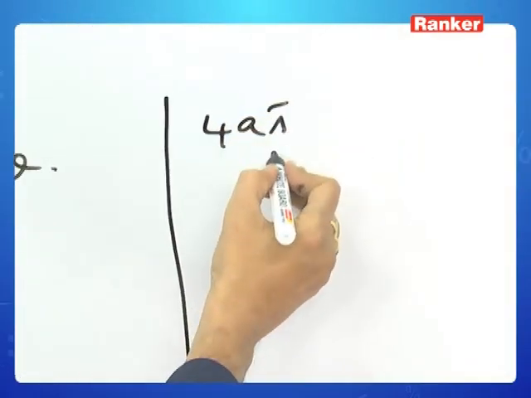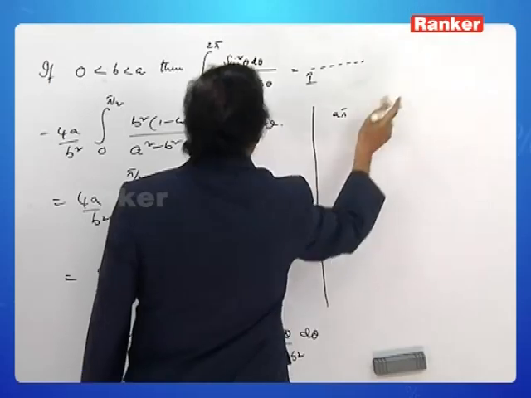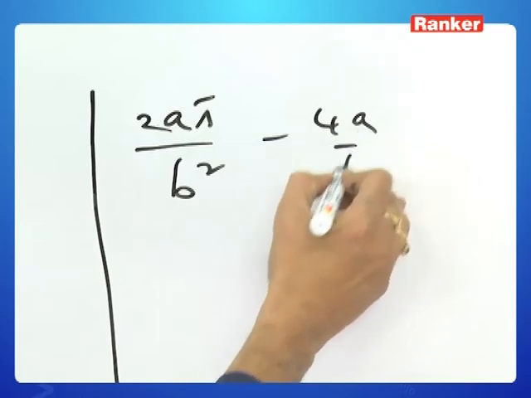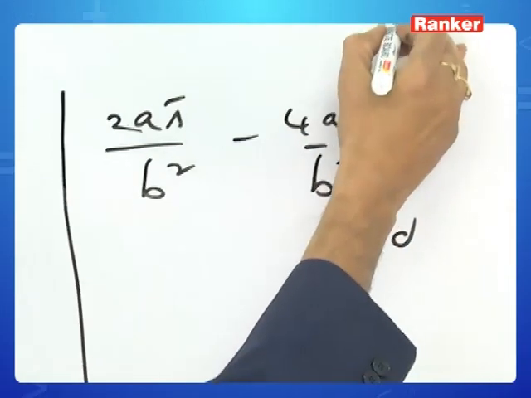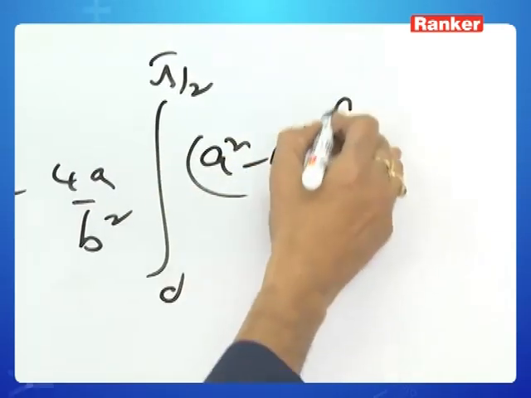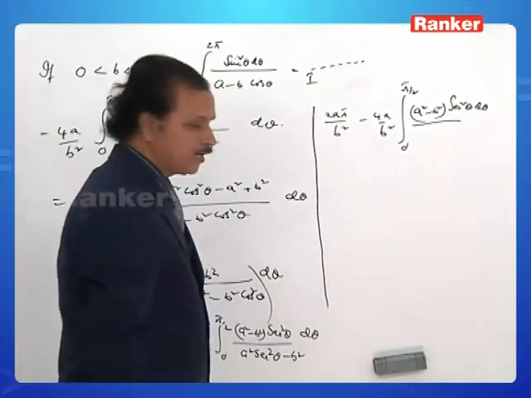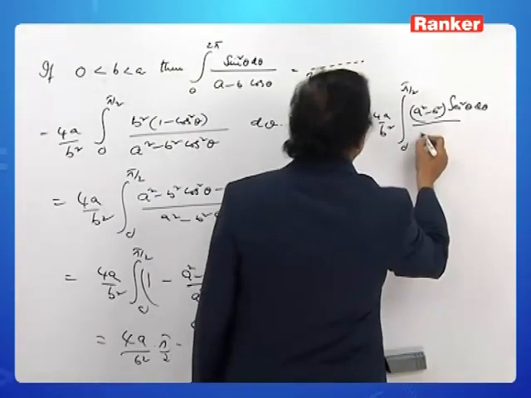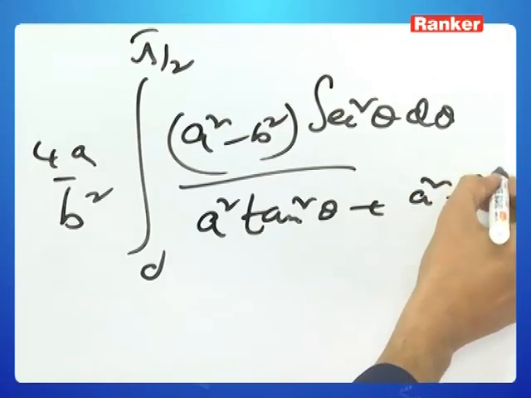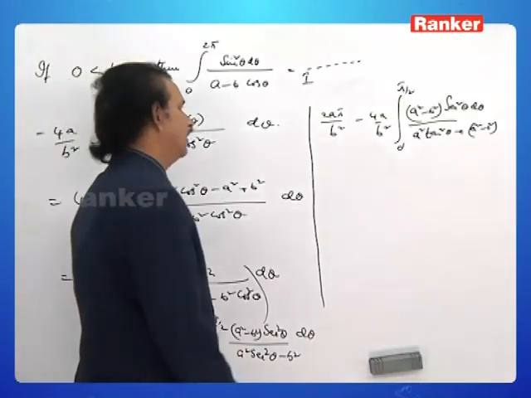That gives a square tan square theta plus a square minus b square.